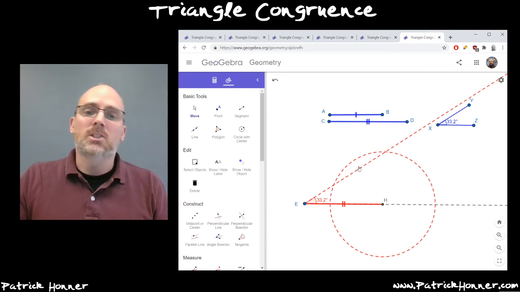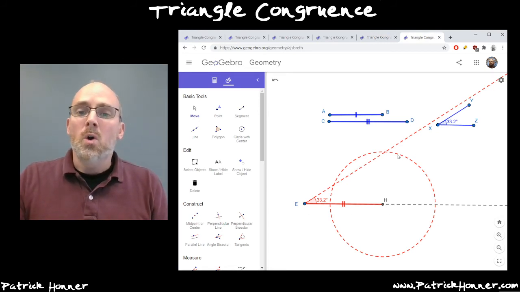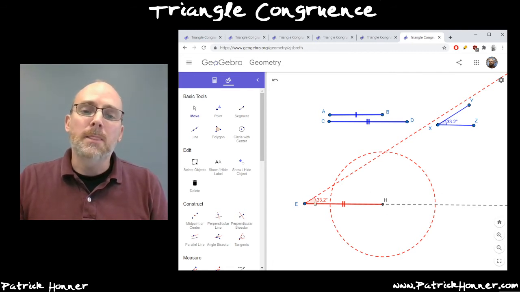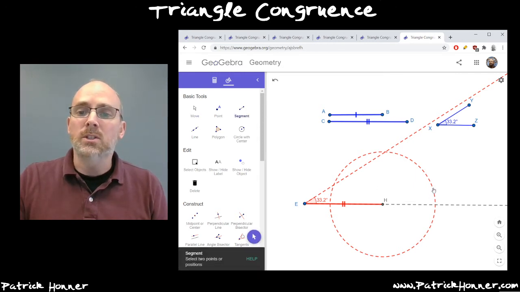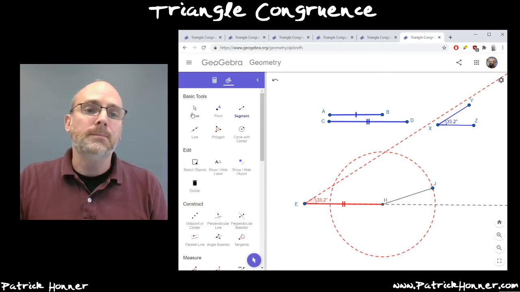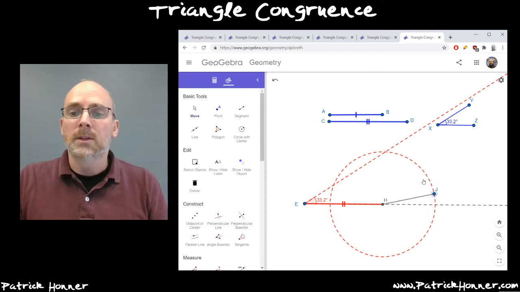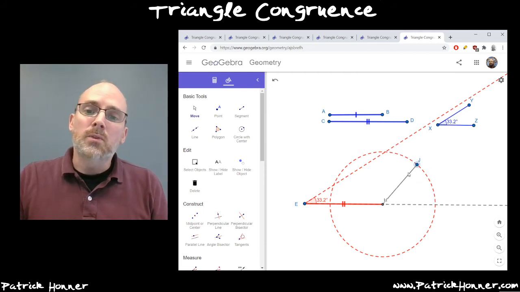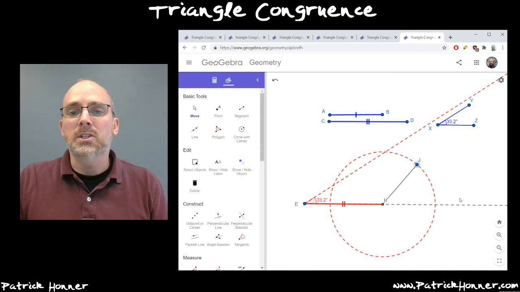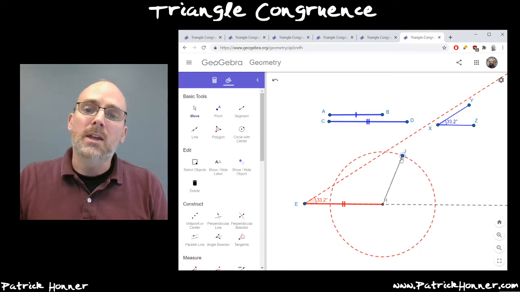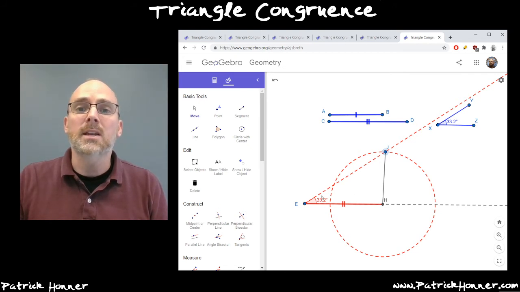Now the last situation is side-side-angle. So we have a side and an angle, and we have another side, but the angle's not between the two sides. So that other side is going to be over here on this circle. So this is the side-side-angle situation. Now notice that I could put the point here, and this would give us a triangle that has these two sides and this angle.